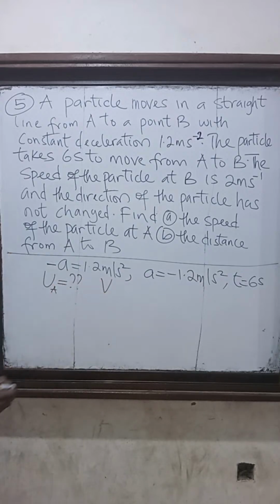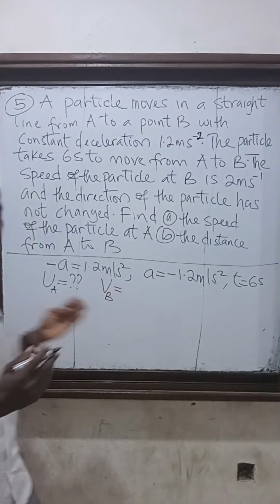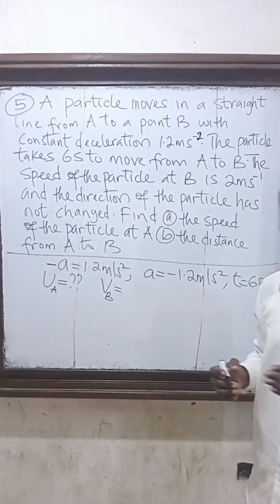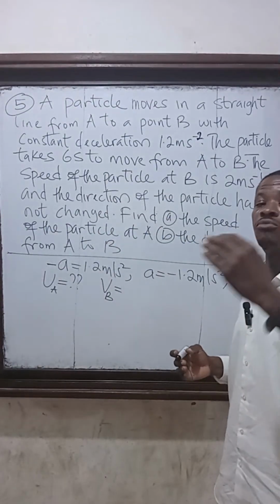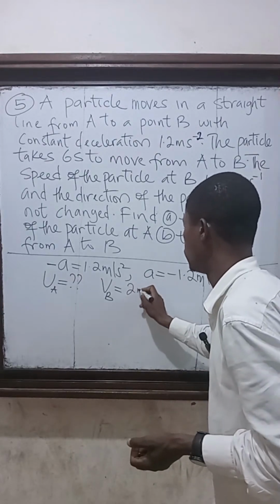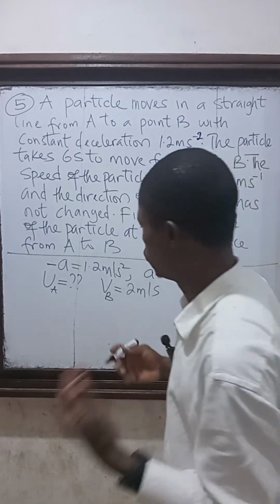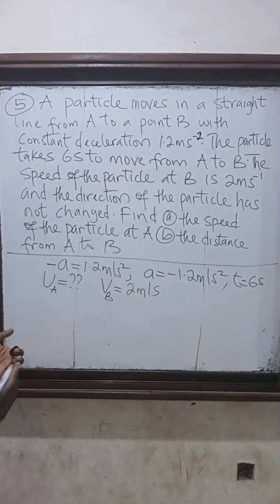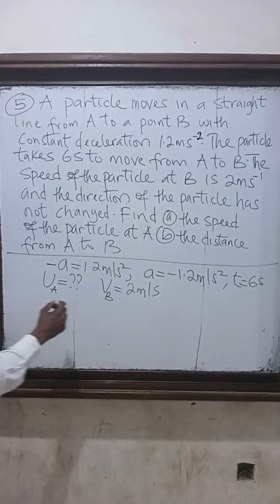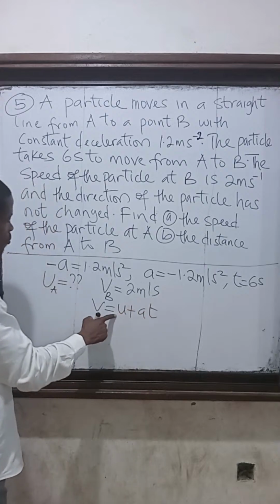But we are given the final velocity at point B, which is equal to 2 meter per second. We are told to find the speed at A. So what we are going to do is look at the appropriate equation. We can try this one. We're given u is unknown.